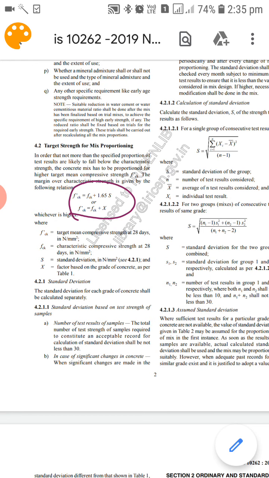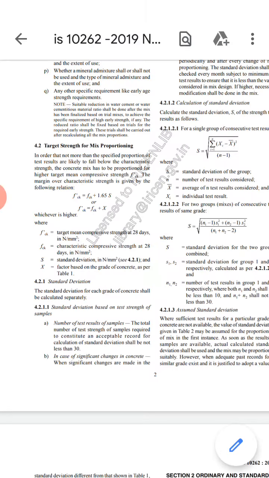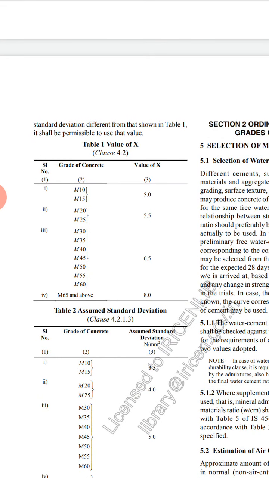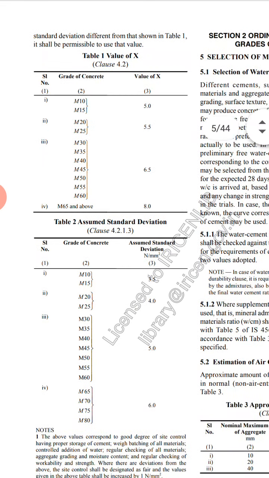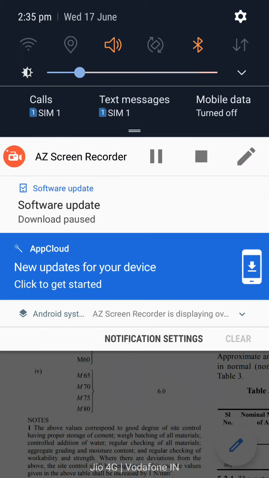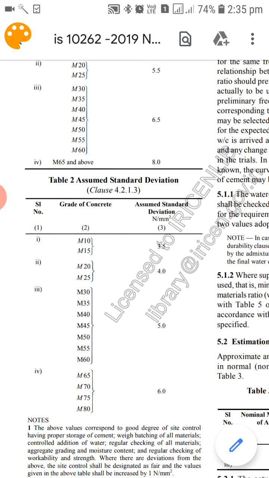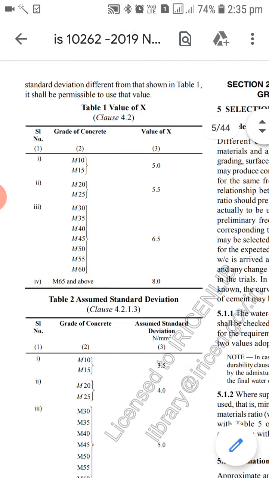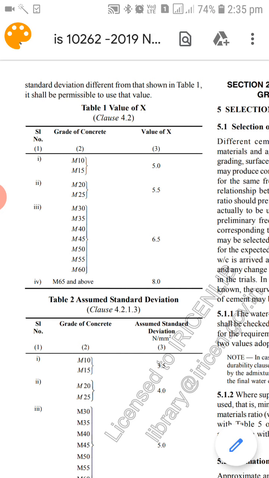This S has to be taken from table 2. Our grade of the concrete is M40, right? So the standard deviation S will be 5 Newton per mm square. Similarly X should be taken from table 1.